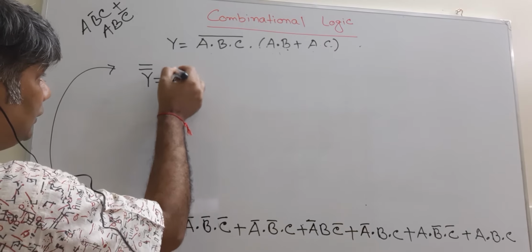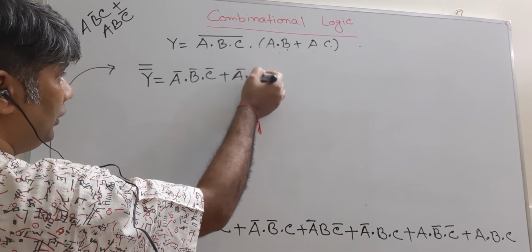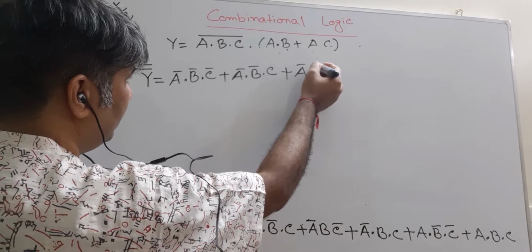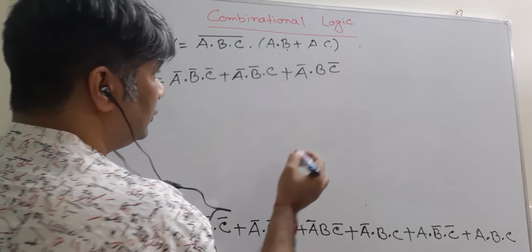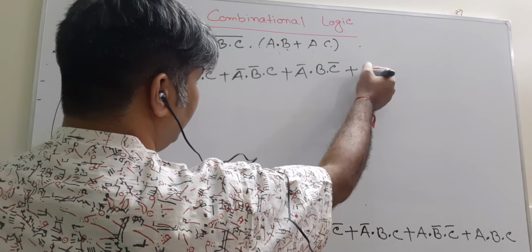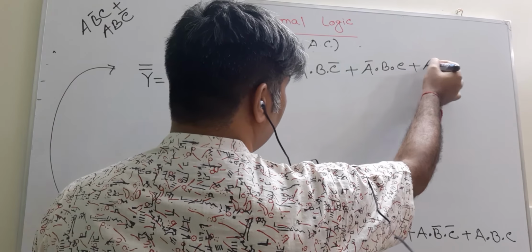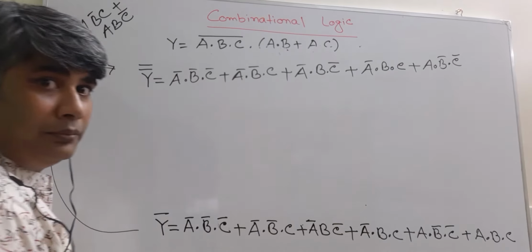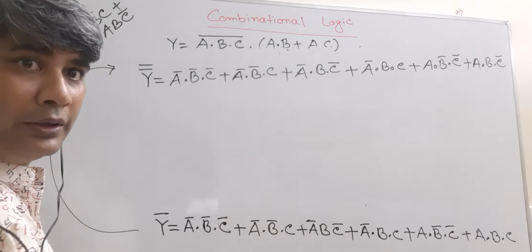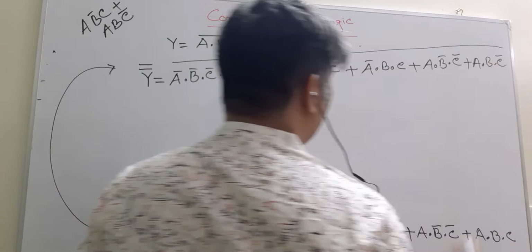So let's write this one. It's a prime b prime c prime, plus a prime b prime c, plus a prime b c prime, plus a prime b c, plus a b prime c prime, and the last one a b c. Now we need to give a whole prime over this.